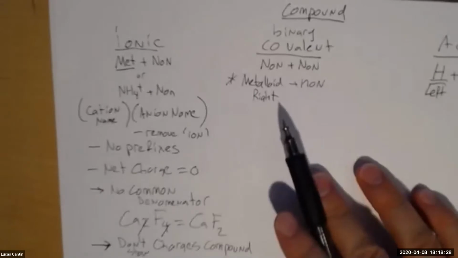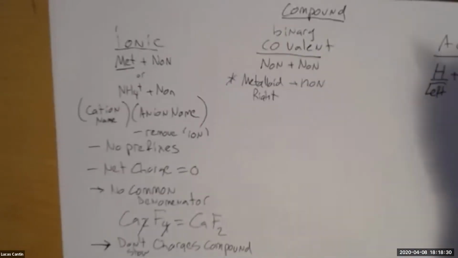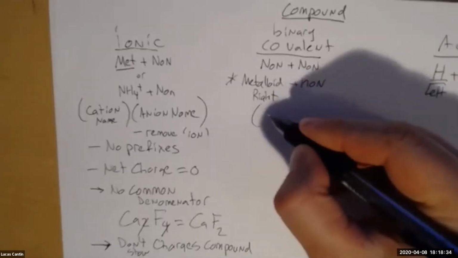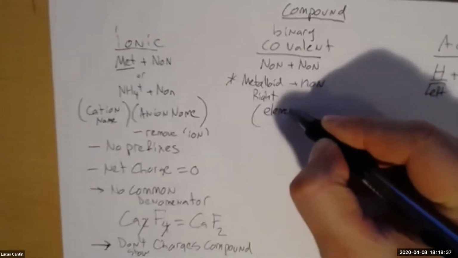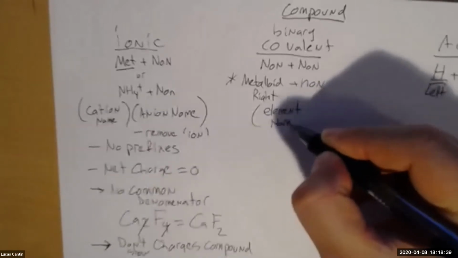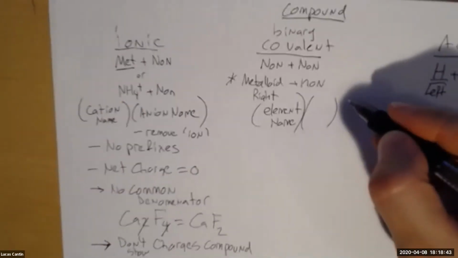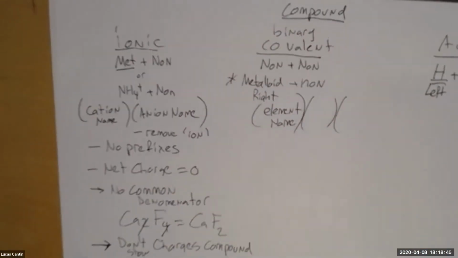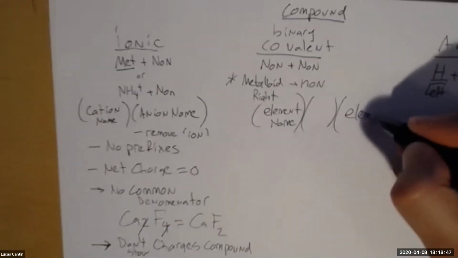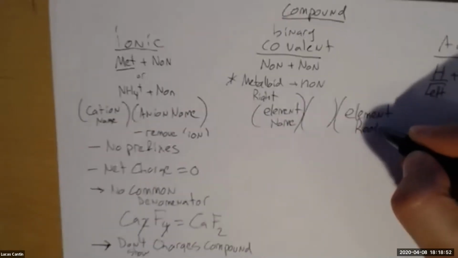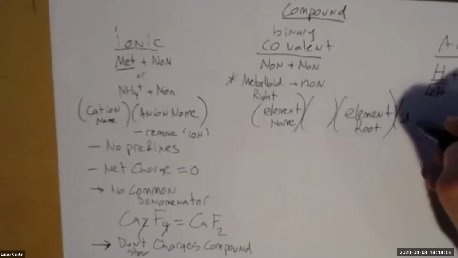So for the binary covalent, which is non-metal plus a non-metal, or a metalloid plus a non-metal, the first element is the element name. And then for the second element, it's the element root plus ide.